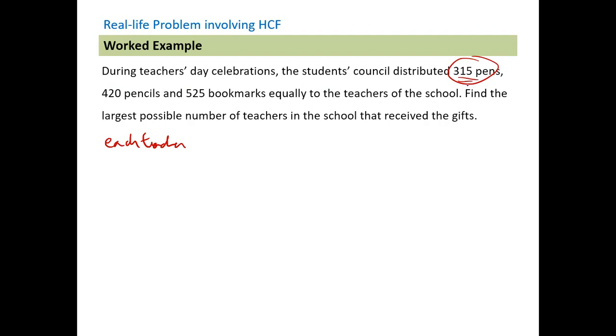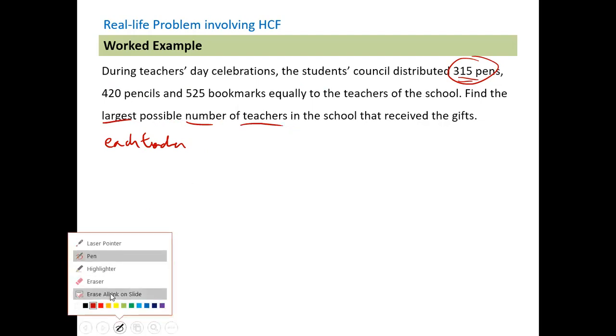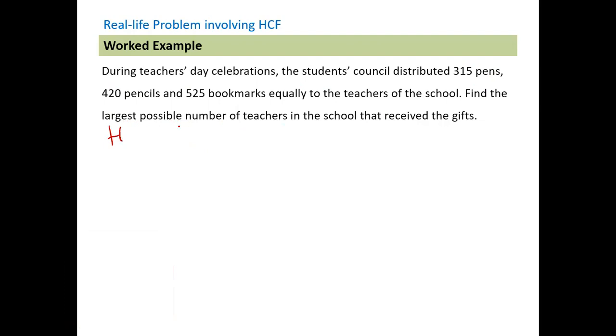Is it the full 315? No, we have to think about the largest number of teachers in the school that receive the gift. So largest means the highest common factor of pencils, bookmarks, and pens. You have to distribute, so you have to divide, so you have to do the factors, right? So you think about HCF.